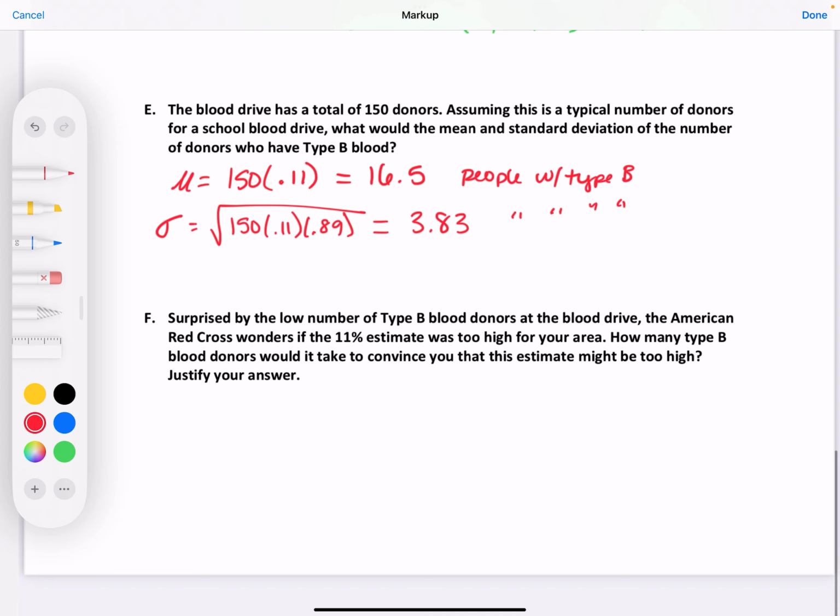And then out of the 150, 16.5 people had type B, meaning that 150 minus that, 133.5 did not.